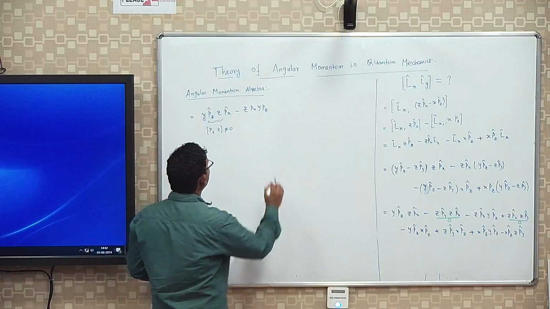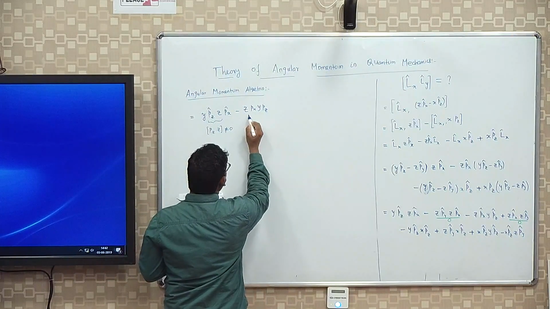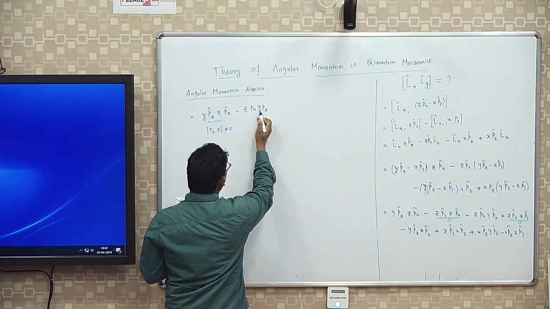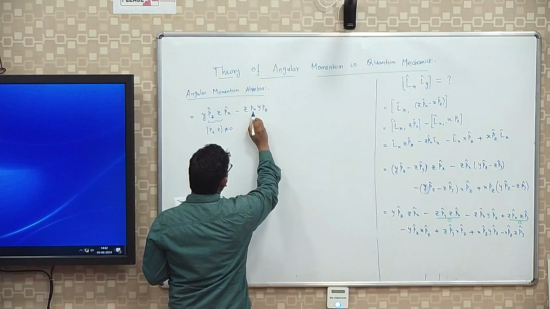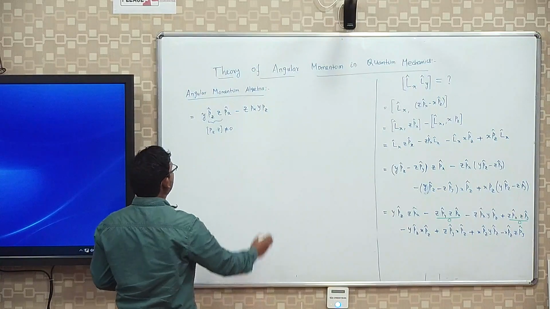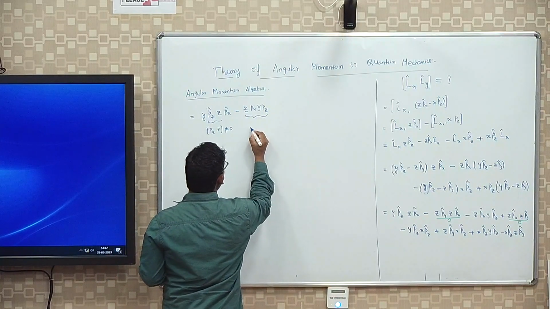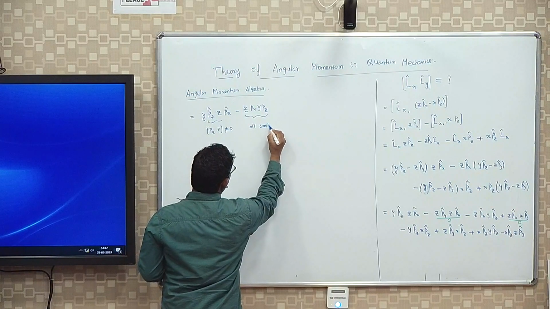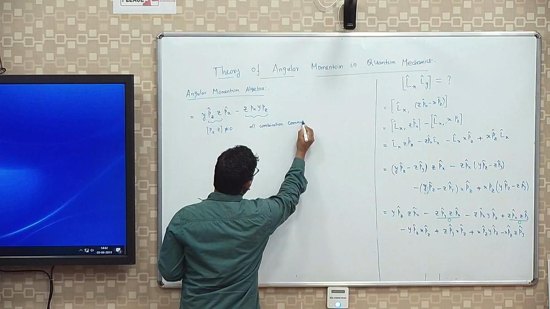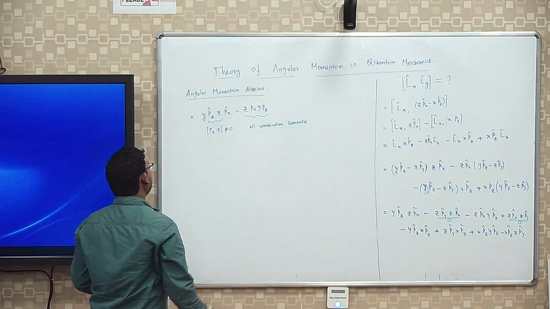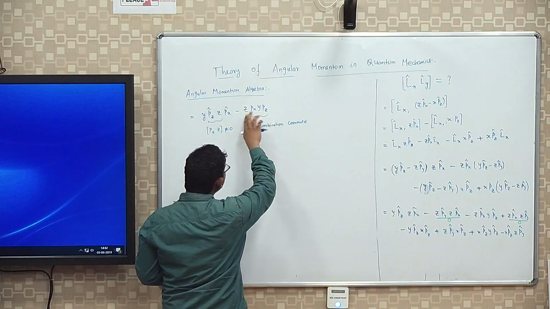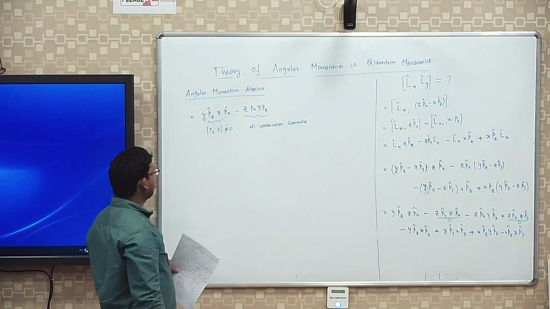But if you look here, any of the terms, if you make any combination zpx, zpy or pxpz, whatever the combination, this will actually commute. So here we cannot interchange the pz, but here we can interchange any of these terms as per our requirement.